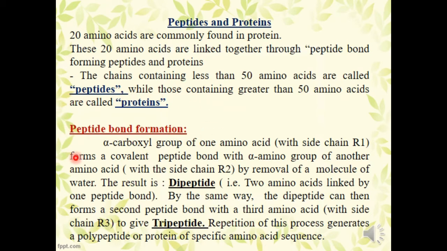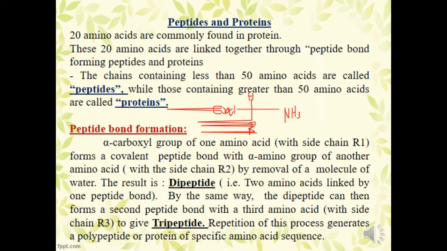So how does the mechanism of this peptide bond formation work? If you remember the basic structure of amino acid, this is the side chain R, this is the amine group, this is the carboxyl group, and you have hydrogen here.